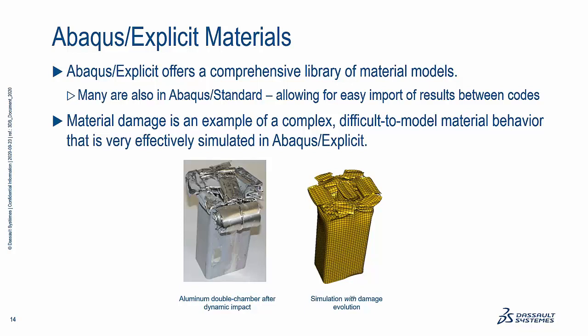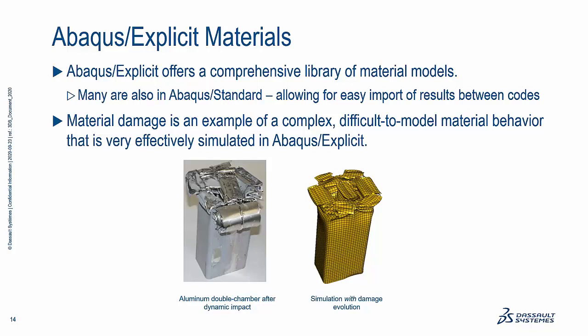And for example, in Abaqus Explicit, there is a very comprehensive set, a library of materials that are available to you to solve these very complex problems, such as the peeling and damage and fracture of metals, as we see in this double chamber aluminum cylinder experiment, which if you've taken the advanced explicit class, or even if you've taken the introduction to Abaqus class, you're probably familiar with this problem.